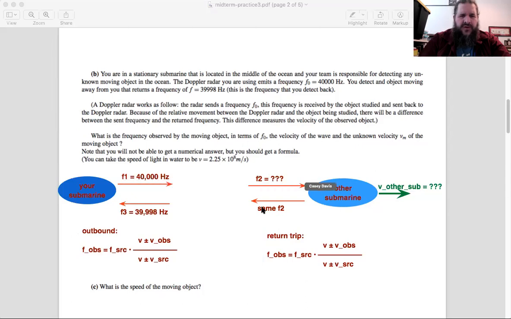For the outbound trip, which one of these frequencies would be the observer frequency? Yeah, F2 would be the observed frequency, and F1 would be the source frequency, because that's the frequency you're creating.